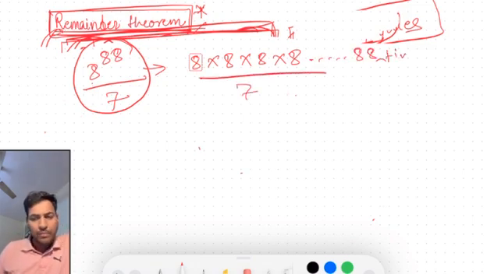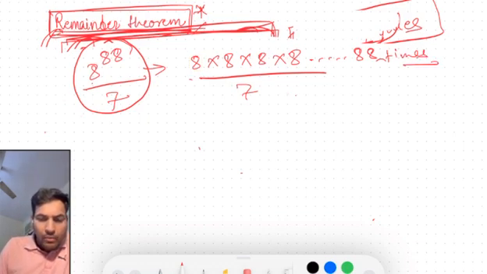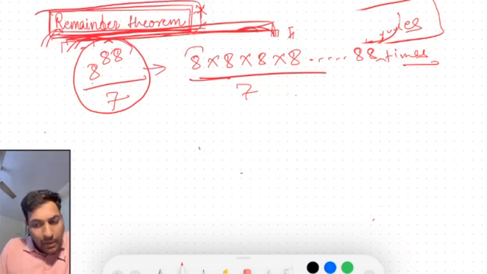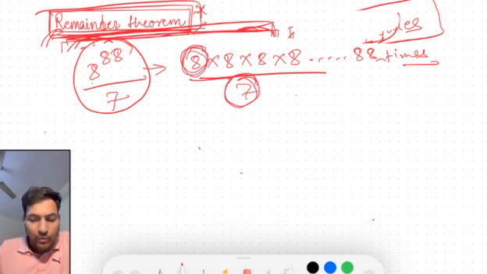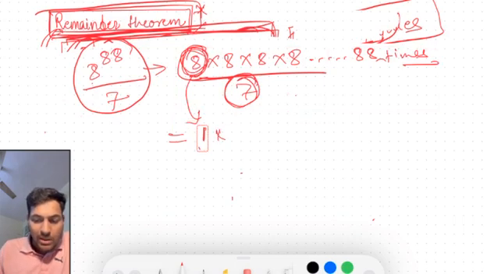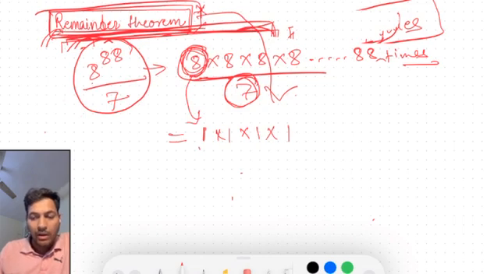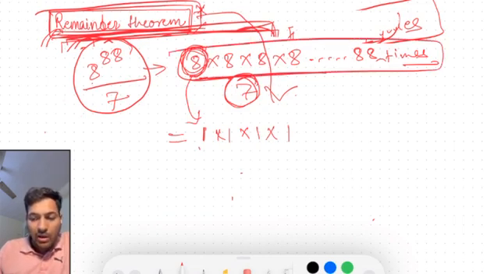What will we do? As I told you in the remainder rule, we can replace each number with its remainder when divided by 7. If I divide 8 by 7, the remainder will be 1. So this 8 can be replaced with 1, keeping the sign the same, and every 8 will turn into 1.